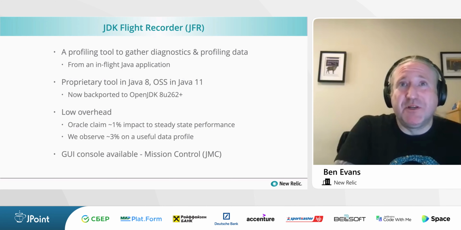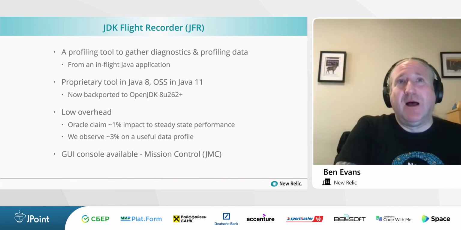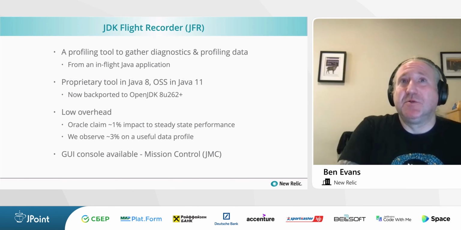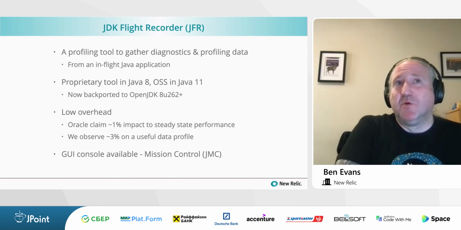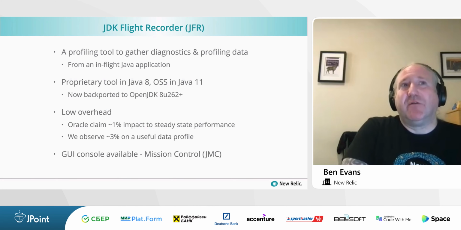It's been around for a long time. It's very mature. It works really well, and it's now finally been open sourced. So it was open sourced in Java 11 as the first version, and there has been a backport by Alibaba and Azul and a few other people, which has been merged into the main line of OpenJDK. So if you're on 8u262 and upwards, you too can have Java Flight Recorder.